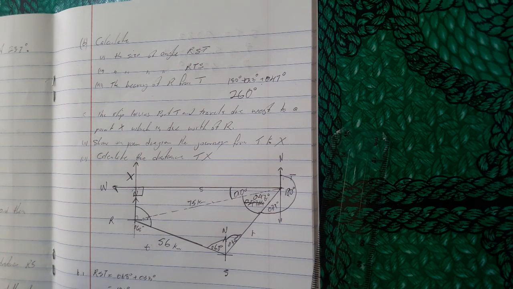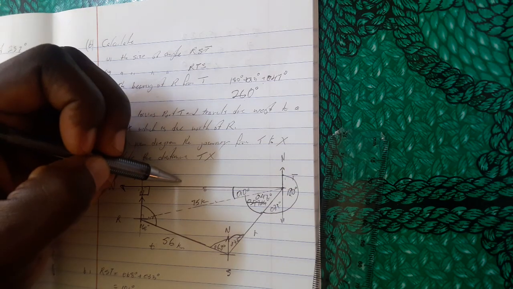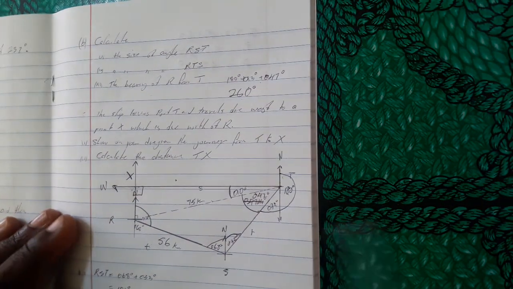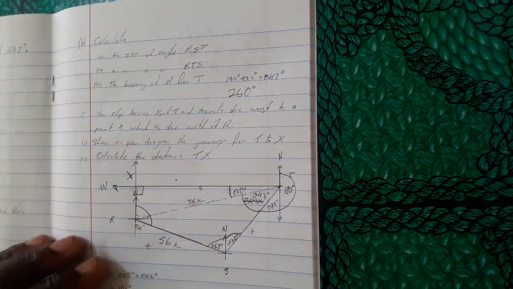Calculate the distance TX. So that's this distance here. This is going to be the adjacent side. Let me abstract that triangle from all that confusion.